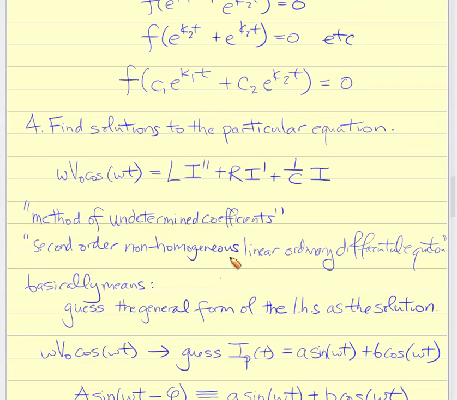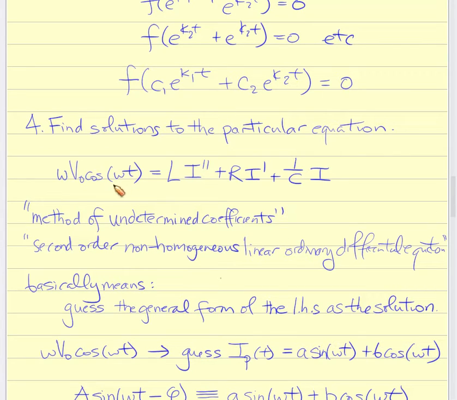Non-homogeneous means that the function and its derivatives are all on one side. On the other side is the particular function that we're interested in. And if this is not zero, then the differential equation is called non-homogeneous.